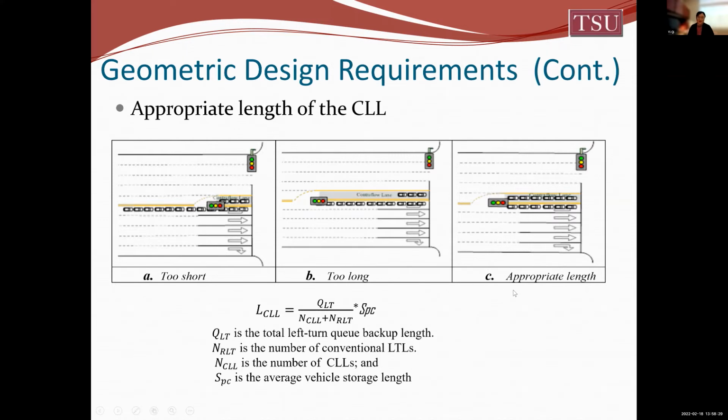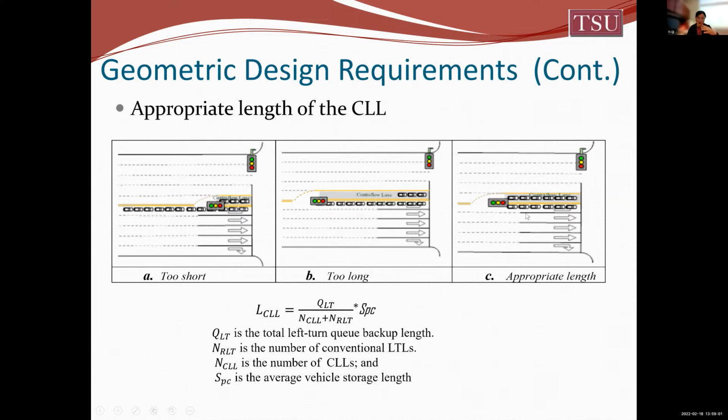So the ideal situation is that the control flow left-hand lane length should allow the left-turn queue to be evenly distributed on the regular left-hand lane and the control flow left-hand lane. That's why the length of the control flow left-hand lane should equal the queue length. You can estimate the queue length, or observe in the field how long the left-turn queue is, divided by the number of left-hand lanes, including both the control flow left-hand lane and the regular left-hand lane.